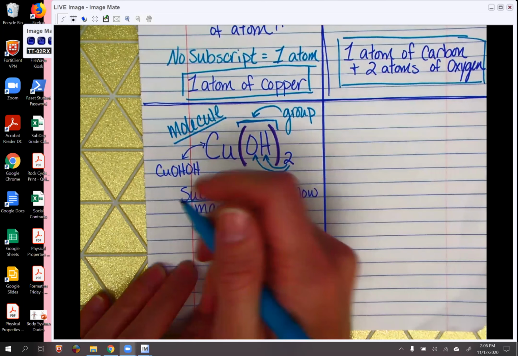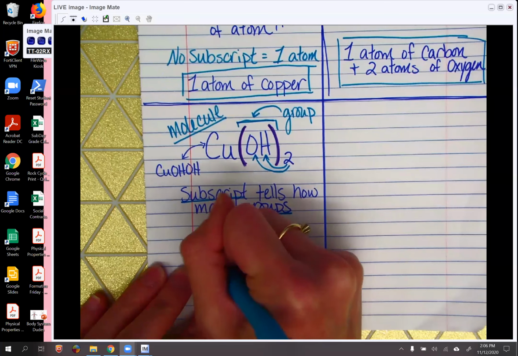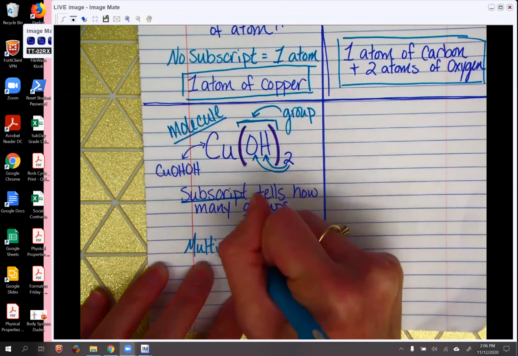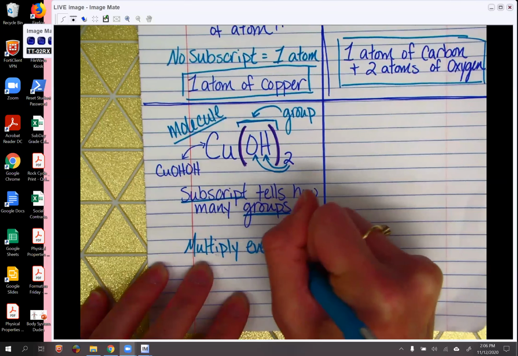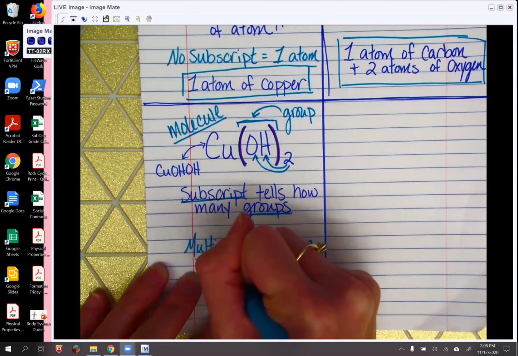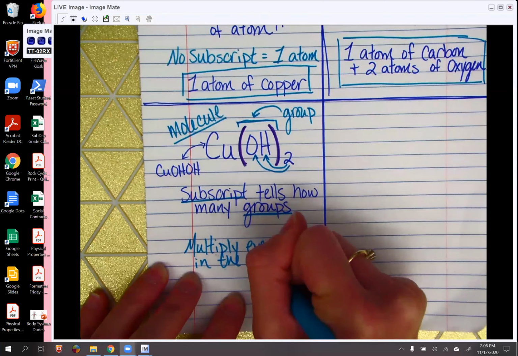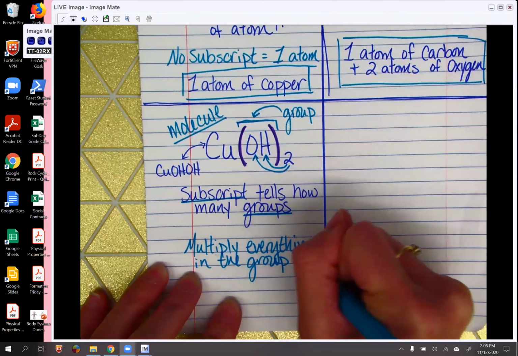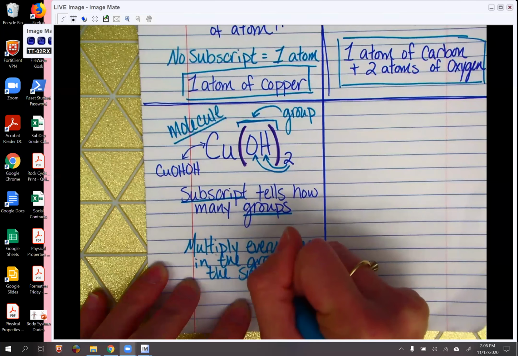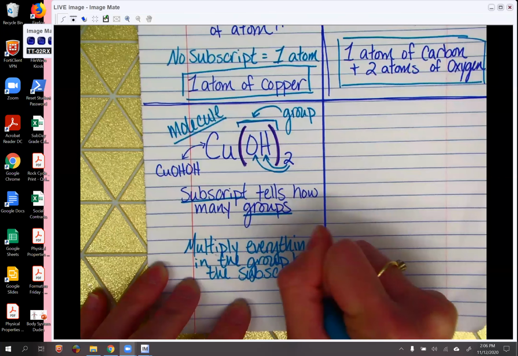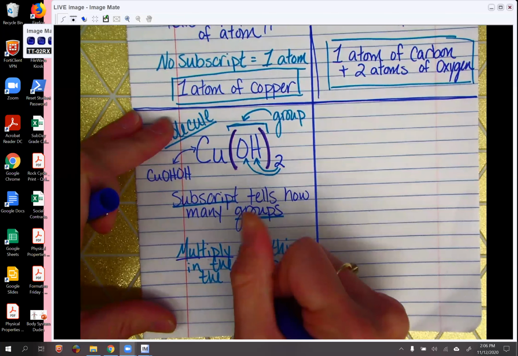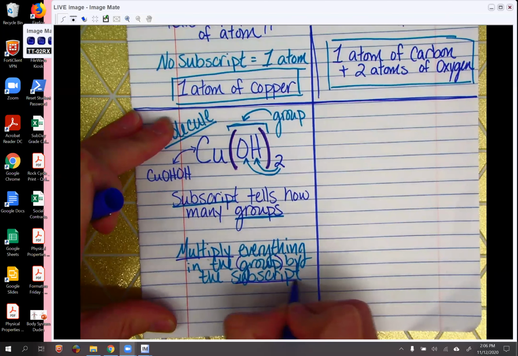So you will multiply everything in the group by the subscript. So you're going to multiply the group by the subscript.